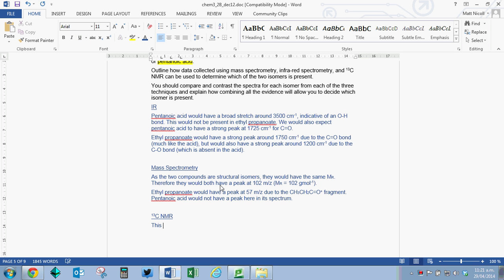And I'm going to say this could not be used to distinguish between these isomers, as both have 5 unique carbon environments. So we both have 5 peaks.